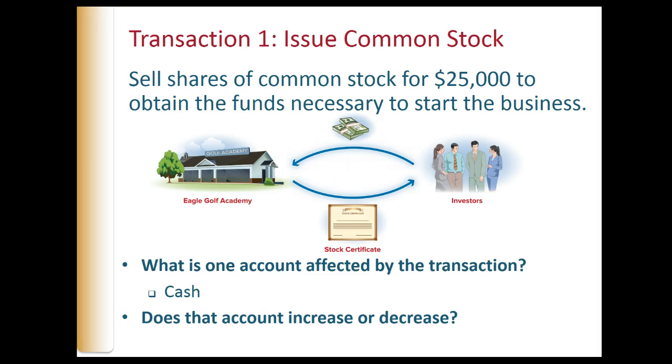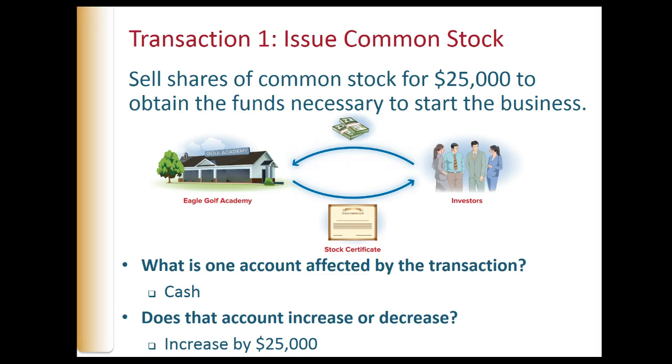Could it be cash? Because think about it. We are going to issue or sell shares of common stock. Why? Because we need cash. So one account that's going to be affected by this transaction is cash. Now, what's going to happen to cash? Is it going to increase or decrease?